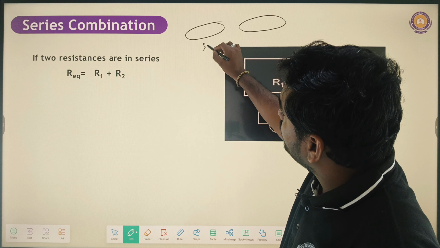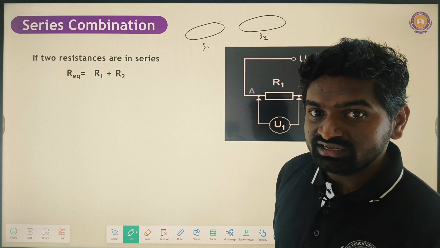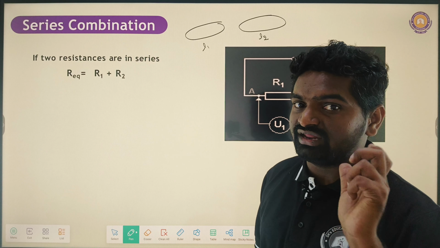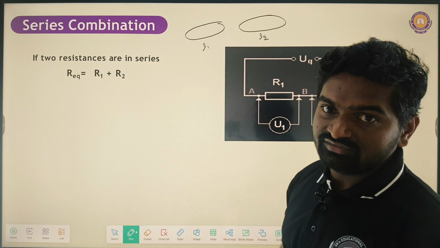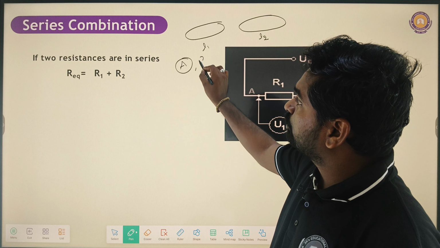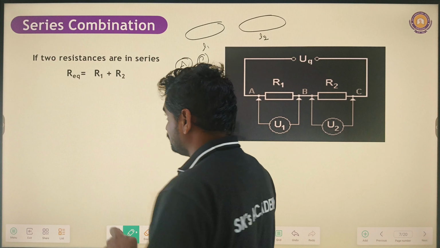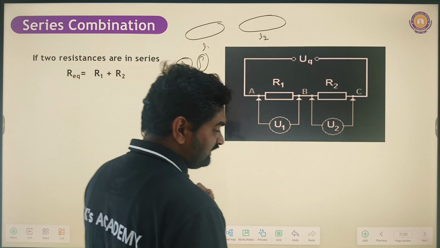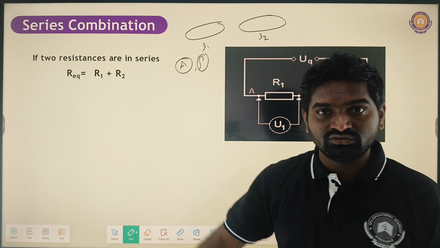This is length L1 and this is length L2. In series combination we are not considering the area of cross section. Suppose only the length is different, while the area of cross section and rho, the specific resistance, are the same. So according to your formula, R equivalent is equal to R1 plus R2.